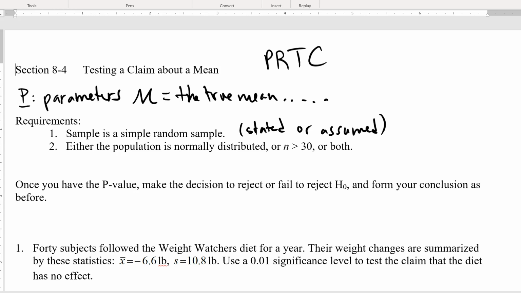Requirements: SRS, we'll either put stated or assumed. If the population is normal, we'll say stated, or if n is greater than 30, the central limit theorem kicks in and we have normality, or both.